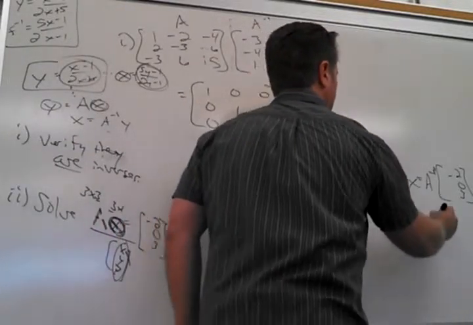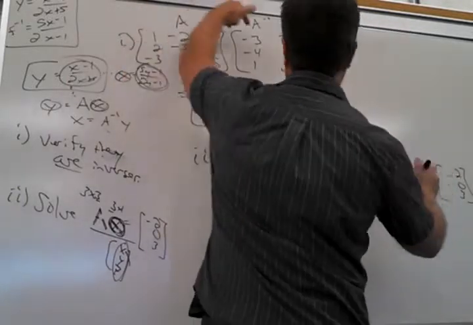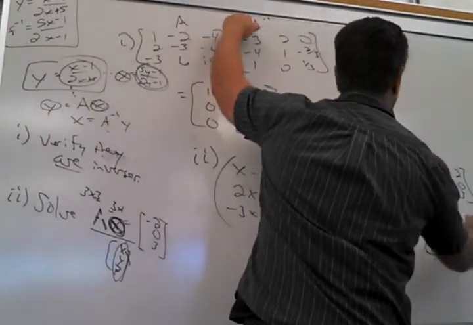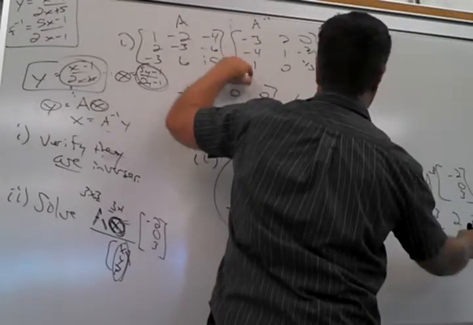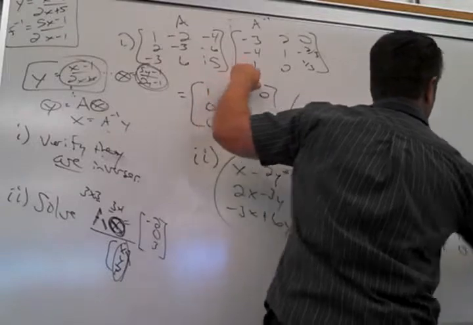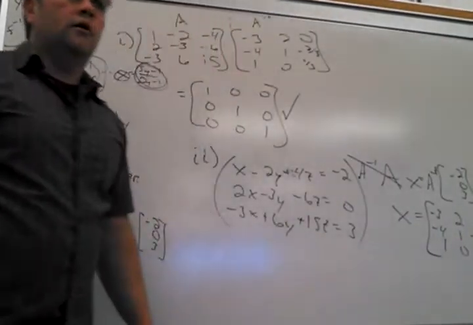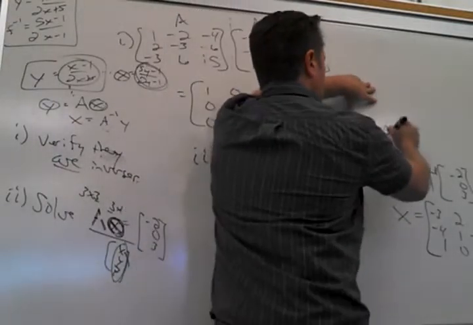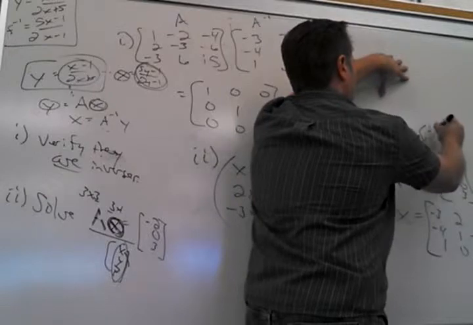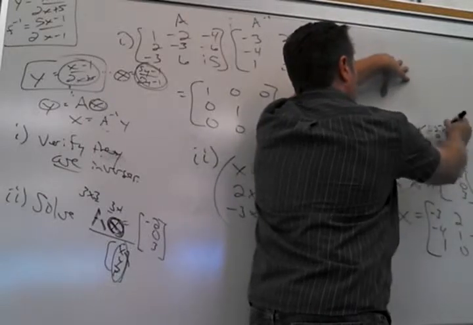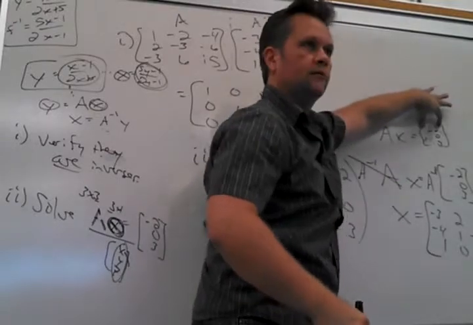So I get X equals, and now I just have to multiply my A inverse by negative 2, 0, 3. So originally this matrix takes this and converts it to this.